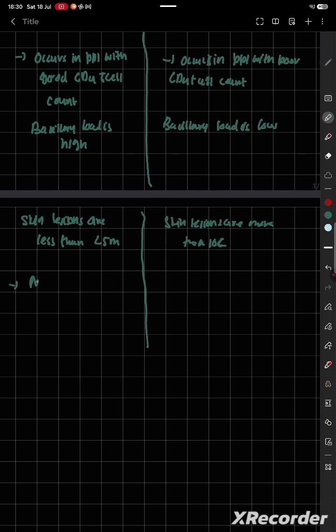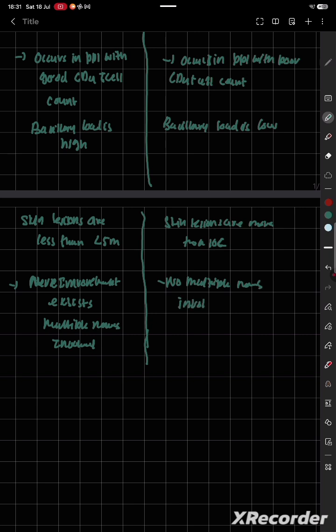After that, nerve involvement exists: in multibacillary, multiple nerves are involved, and in paucibacillary there is little nerve involvement.